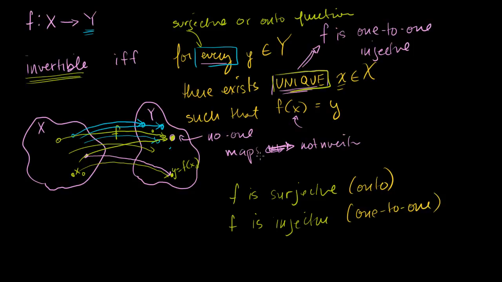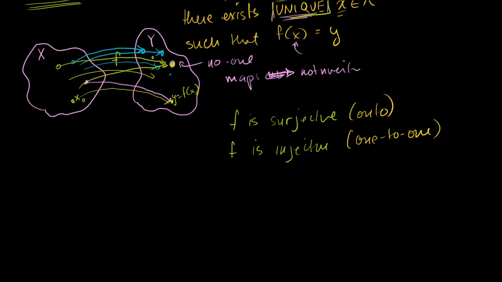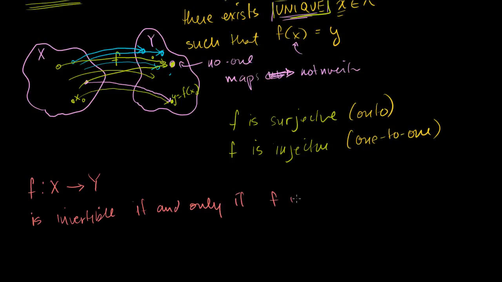So using the terminology we learned in the last video, we can restate this condition for invertibility. We can say that a function that is a mapping from the domain x to the codomain y is invertible if and only if f is both surjective and injective.